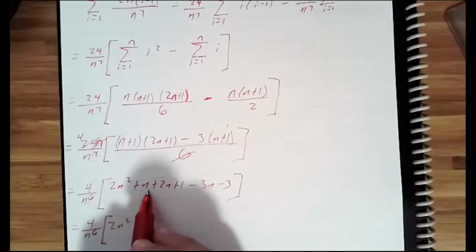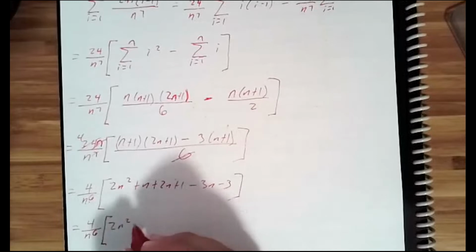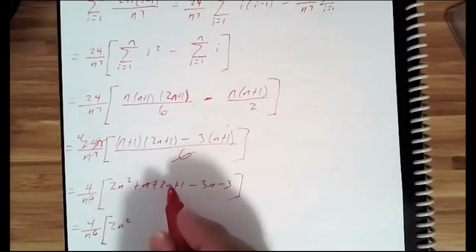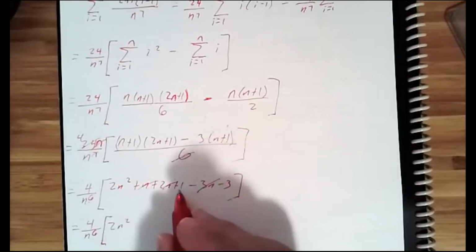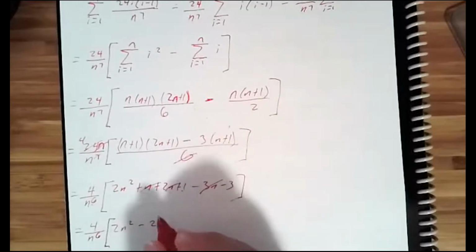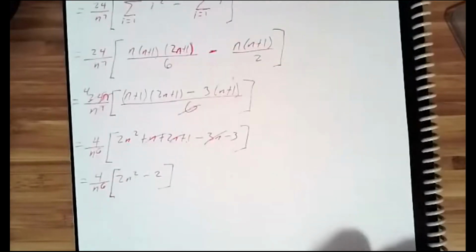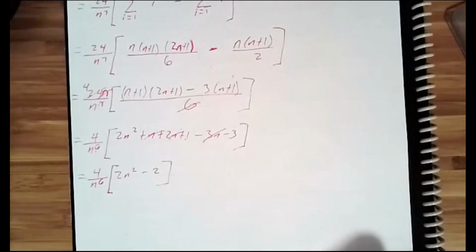2n squared, n plus 2n, right? That's 3n minus 3n. So these cancel with this. 1 minus 3 is a negative 2. Okay.